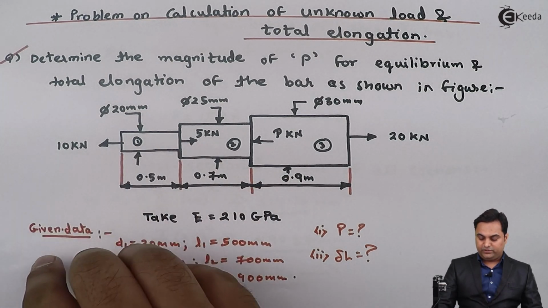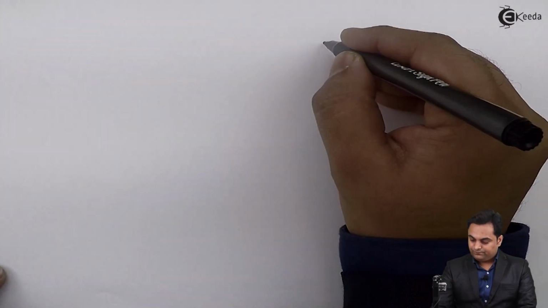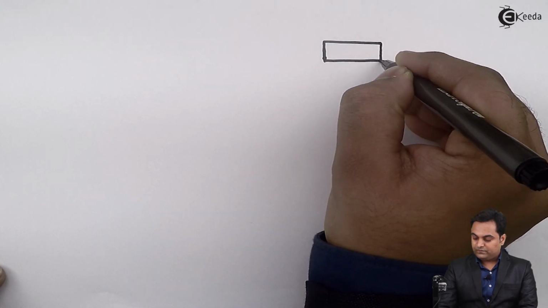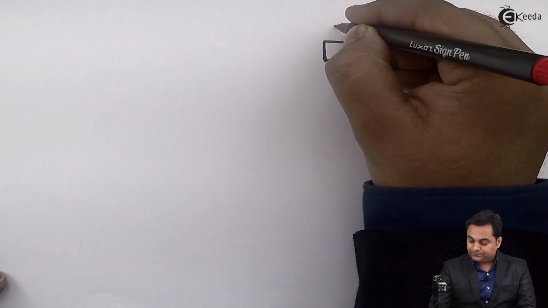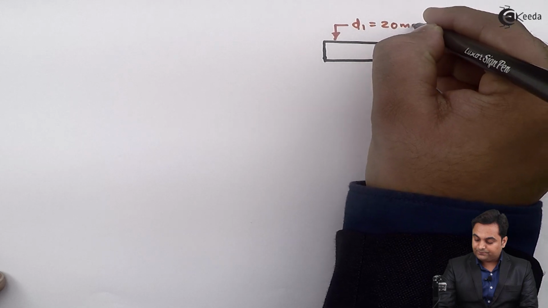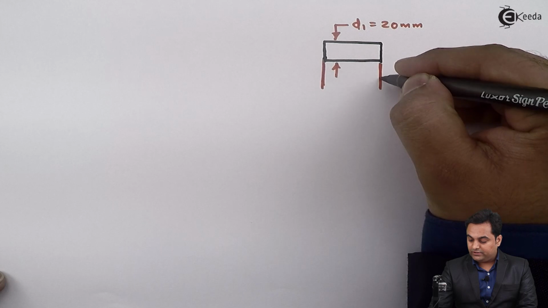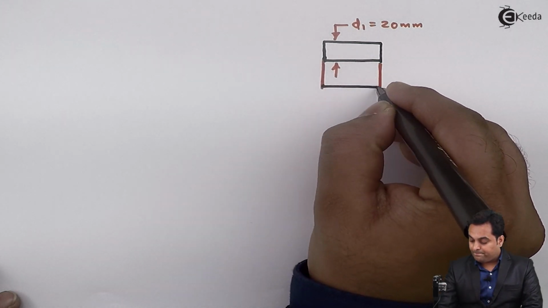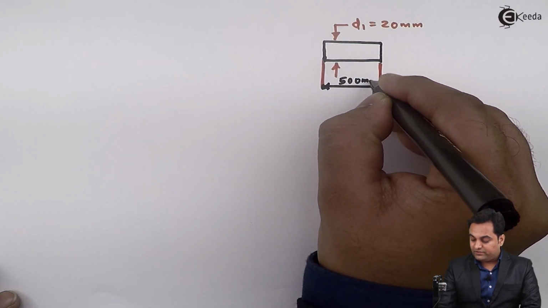So starting with section 1, I'll separate it. This is section 1, having diameter 20 mm and the length of this section is 500 mm, 0.5 meter, so it is 500 mm.